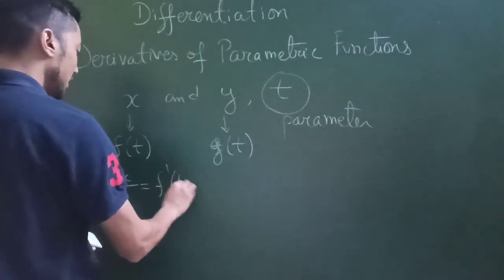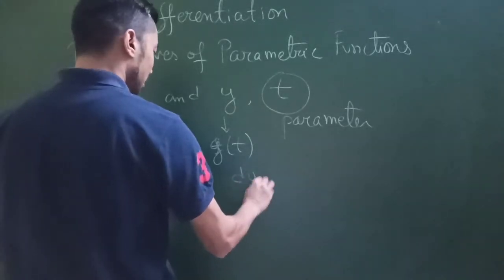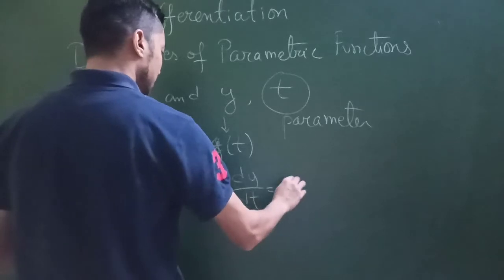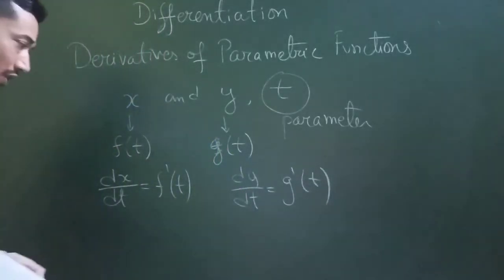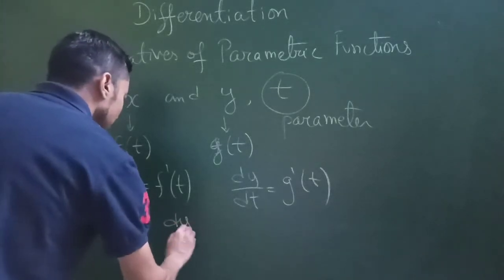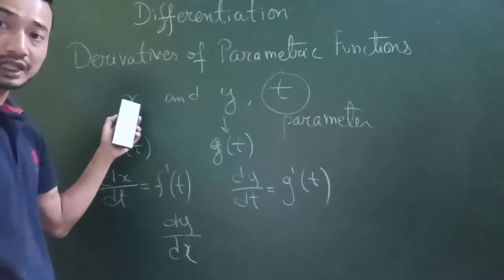So this becomes the first order derivative of the function, f dash of t. This also we differentiate with respect to t, so that becomes g dash of t. Now if you want to connect these two functions, we find the derivative of y with respect to x.